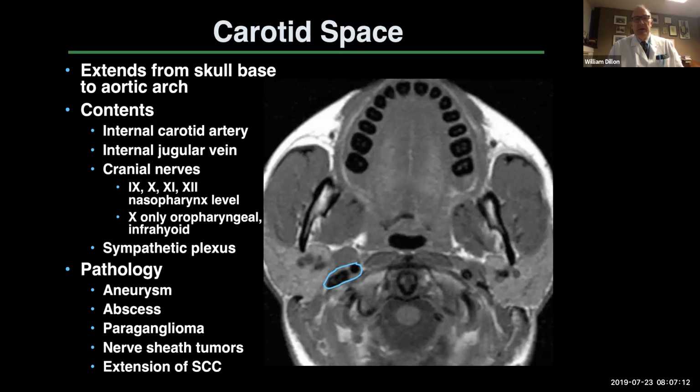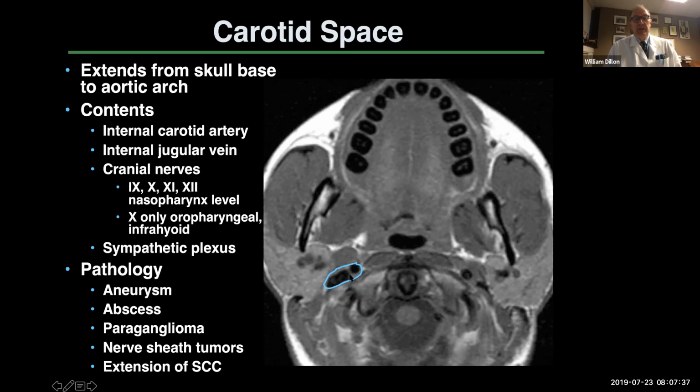The carotid space we see behind the parotid tissue, and that includes the internal carotid artery, jugular vein, and cranial nerves 9, 10, 11, and 12 at the nasopharynx level, and 10 only at the oropharyngeal level and infrahyoid level. And remember, there's a sympathetic plexus also surrounding and nearby the carotid sheath.